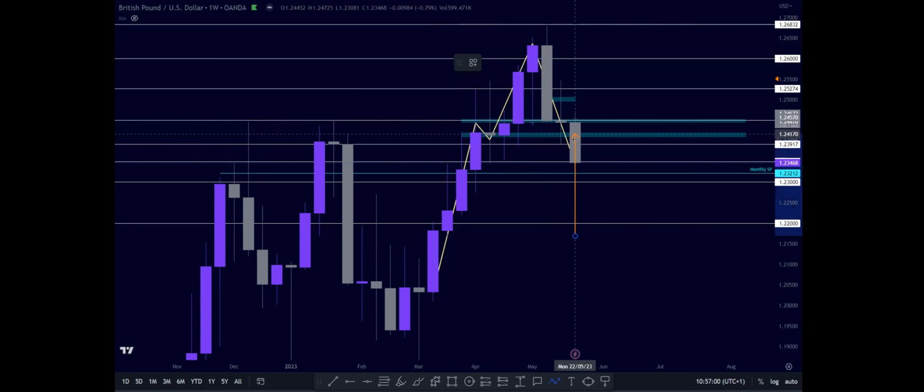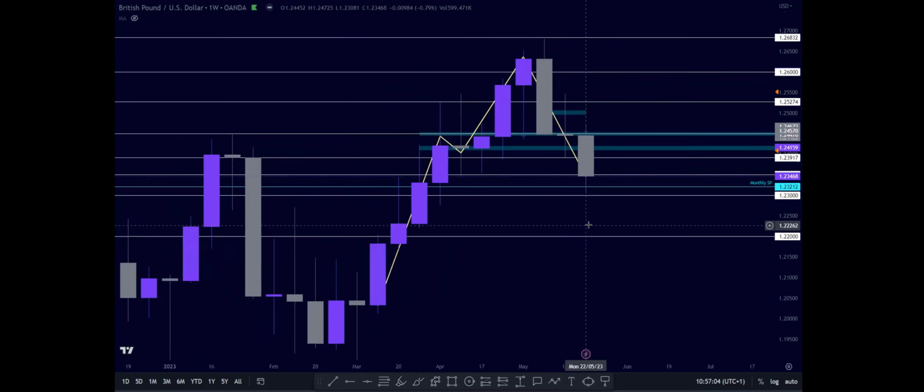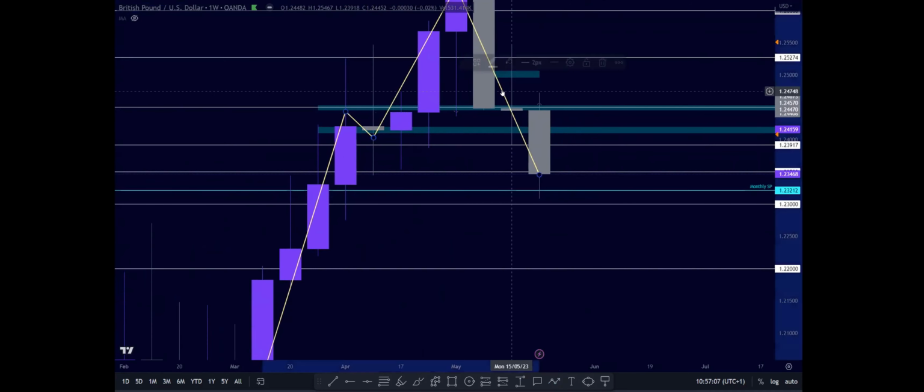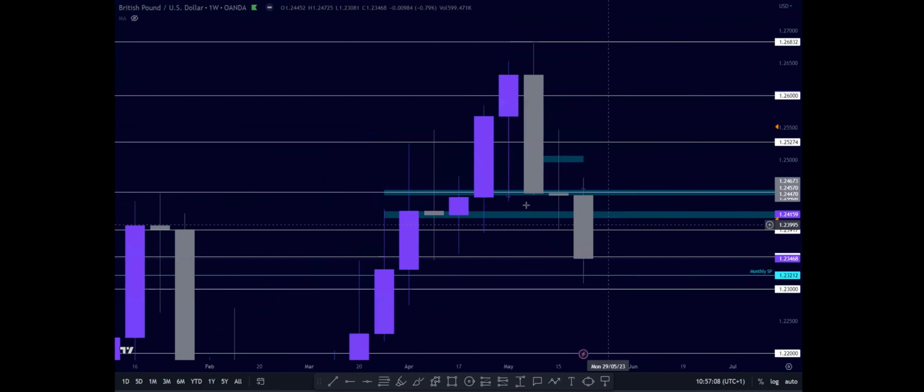Price has absolutely ripped below it. So at the minute, similar to gold, we're making bearish structure, but I'd like to see price come back and confirm these areas.